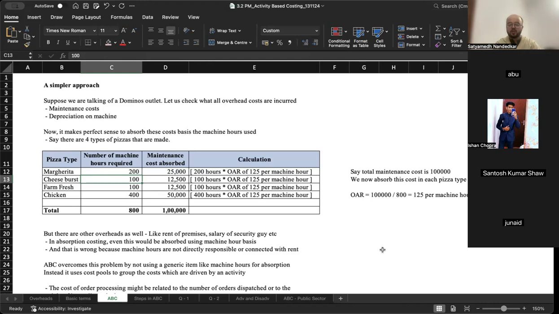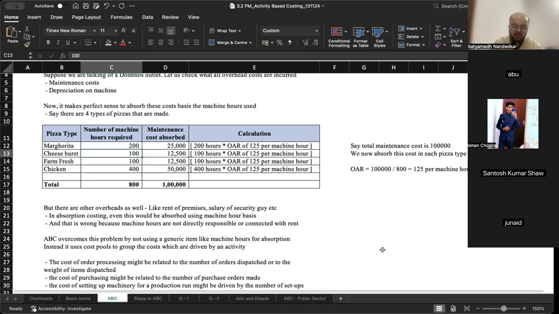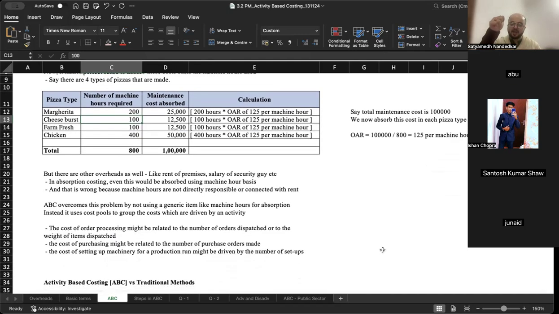Now it makes sense to absorb these costs on the basis of number of machine hours used. Say there are four types of pizzas that are made: margherita, cheese burst, farm fresh, and chicken. And you know the number of hours required on the machine, and then you can calculate the machine cost absorbed. But there are other overhead costs as well, like rent of premises, salary of the security guard.